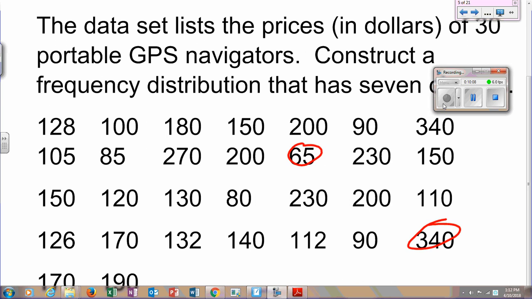So far we've found the highest and the lowest, which according to our steps for guiding frequency distribution, now we need to find the difference between these two in order to find what I had listed as the distance between the two. You just have to find the difference. So you're going to do 340 minus 65.